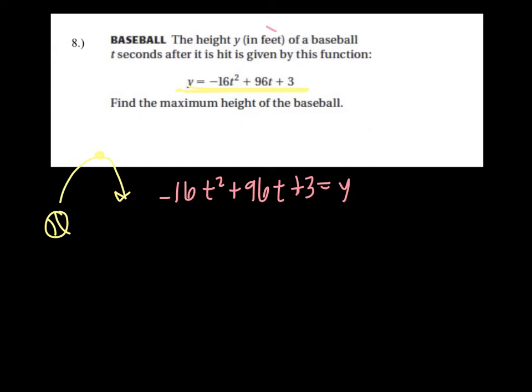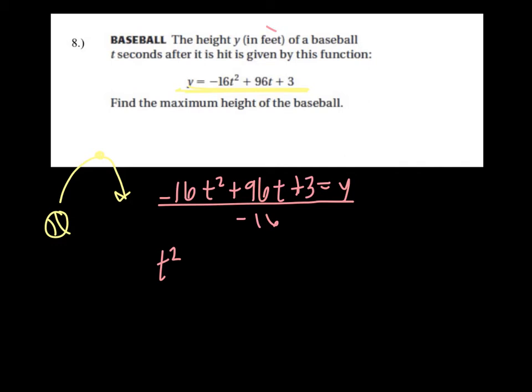Now, I know you guys hate fractions, but I'm going to leave everything in a fraction because I'm going to need to divide my entire equation by negative 16 to get my coefficient in front of t squared to be 1. So I'm going to divide, and this will become t squared. And then it will actually become minus because it's a positive divided by a negative.